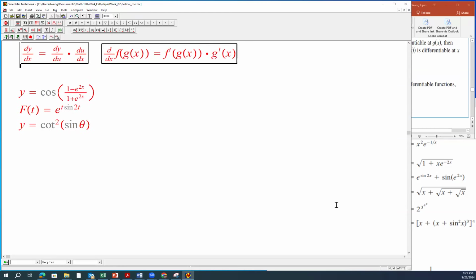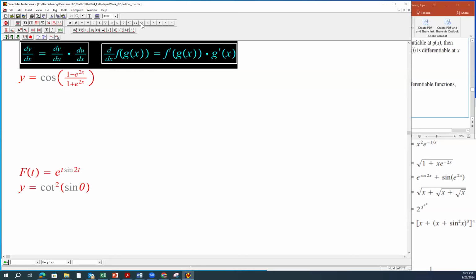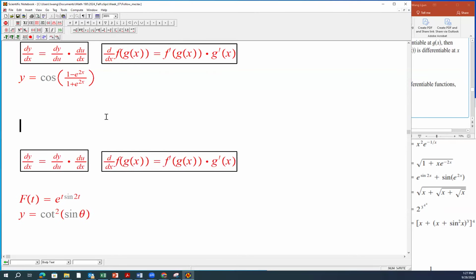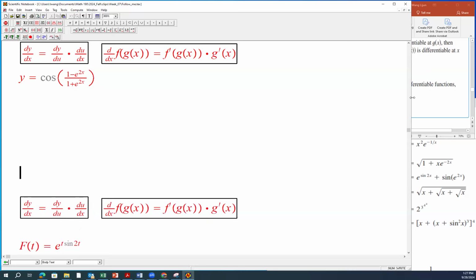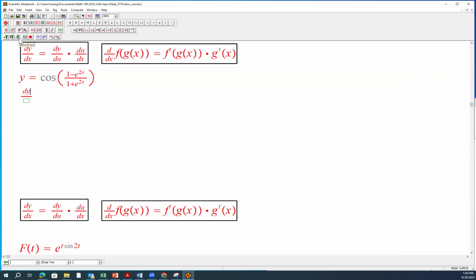So let's look at the next one. On the next question, when we look at chain rule, that's cosine of a complicated expression. Okay, so I'm going to just make this screen a little bit longer because we see the questions and we have the chain rule. So when we differentiate dy dx, we're going to imagine this as u.